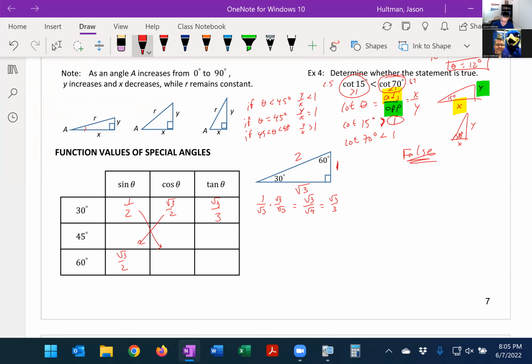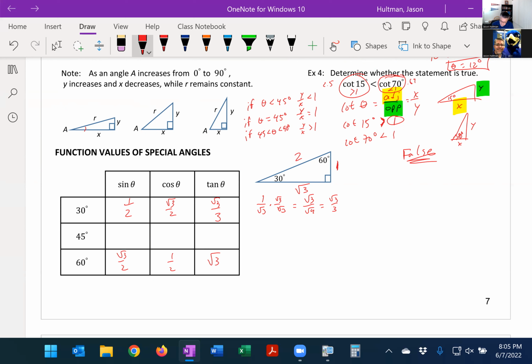The cosine is 1/2, adjacent over hypotenuse. The tangent is going to be radical 3 over 1, which is just radical 3.